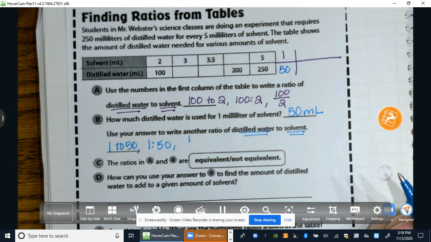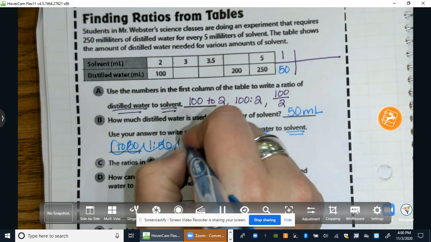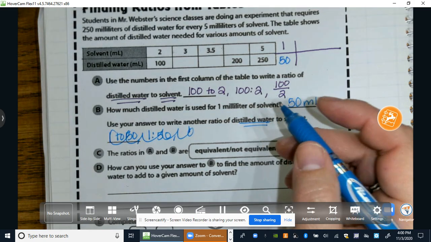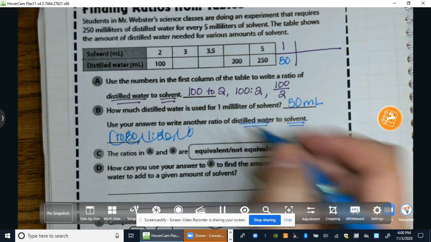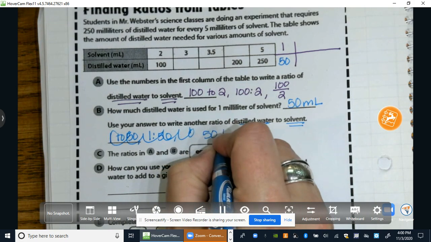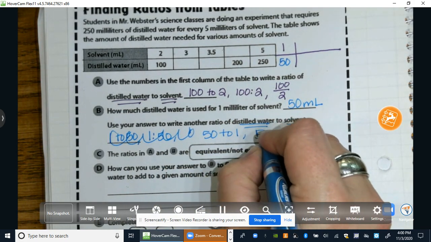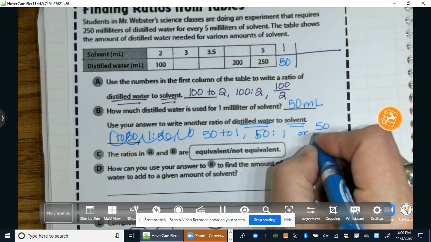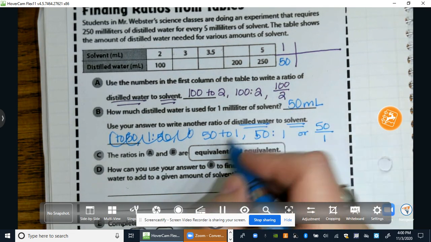It's supposed to be distilled water to solvent. See, even teachers make mistakes. That's why I like doing it in pencil instead of pen, but I like the colorful pens. So distilled water, it would be 50 to 1. 50 colon 1 or 50 over 1. Are these ratios equivalent? Yes, they are.